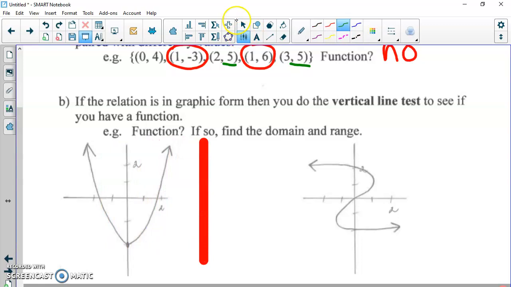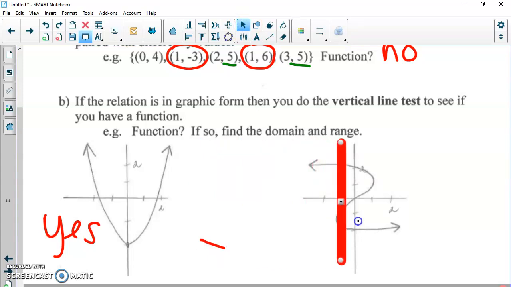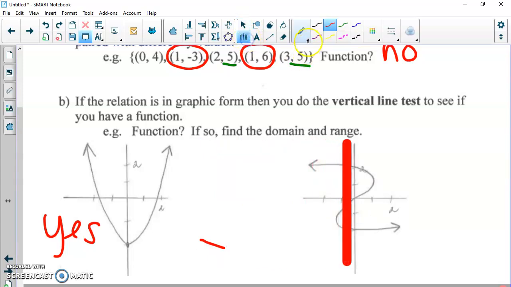So in this case, this left graph here is a function. It passes the vertical line test. Let's move this vertical line over here. When we move this over here, we're good, and then it intersects at 3 locations right here. It doesn't have to even do 3. All it needs is to intersect twice.